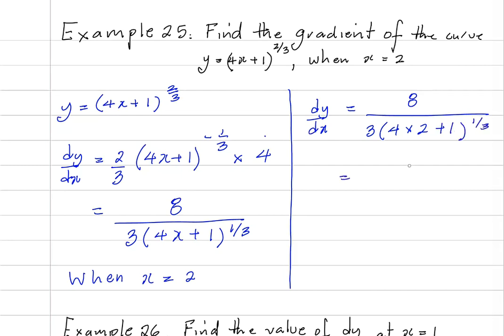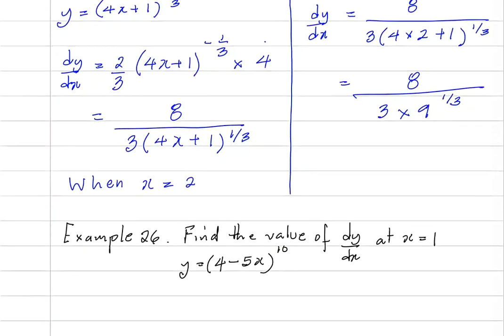So this is 8 over 3 times 9 raised to the 1/3 power. Obviously what you would simply do now is just use the calculator to work that out. I'm not going to do that.